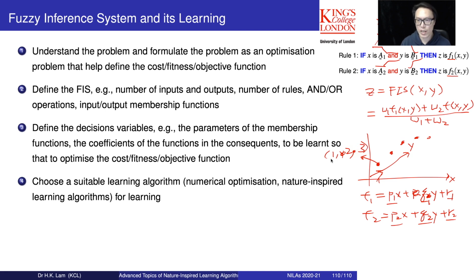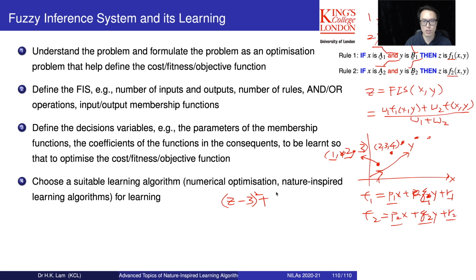So when we fit in 1 and 2, the output we expect to be 3, and we have the first error, minus 3 squared, plus another point, maybe 2, 3, 4. 2 is x, 3 is y. We expect the output to be 4, but before the training, this function is not good enough, so the output z may not be 4.